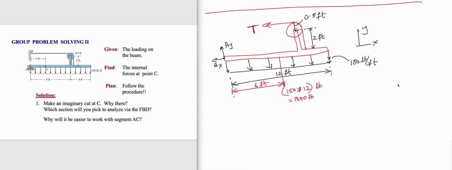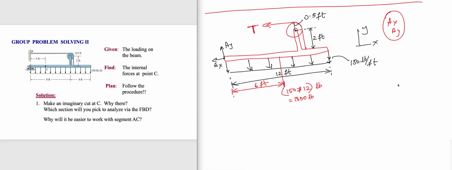Yep. Now that's the free body diagram, and our aim is to find AX and AY so that I can take the AC part and do the calculation. So how do you find AX and AY?